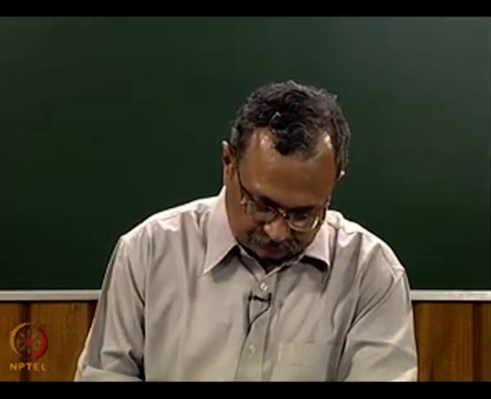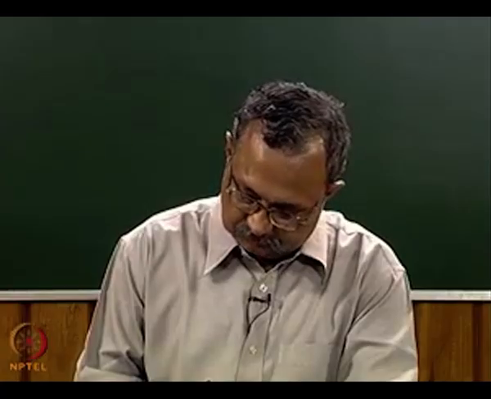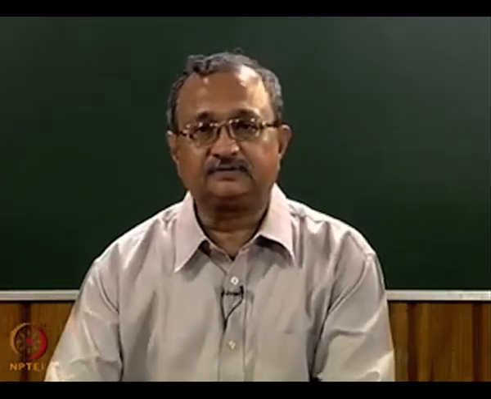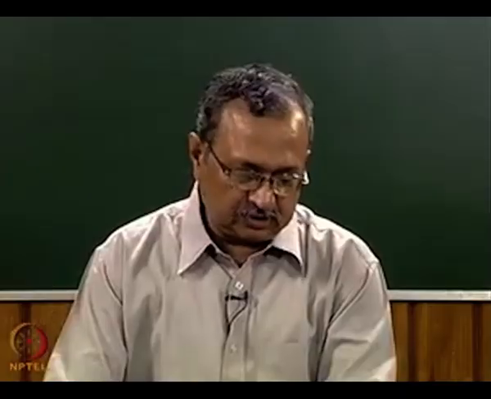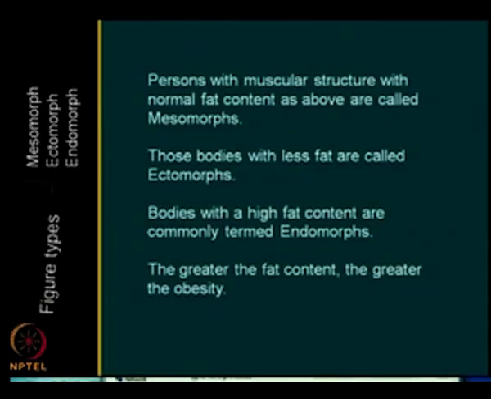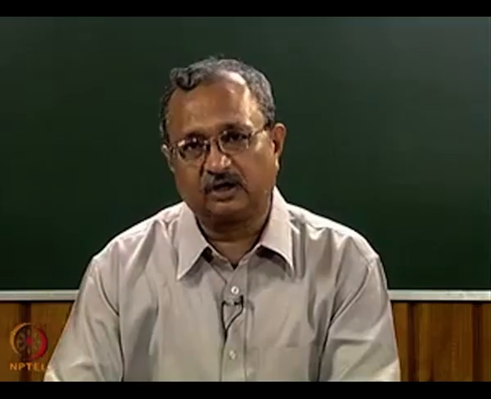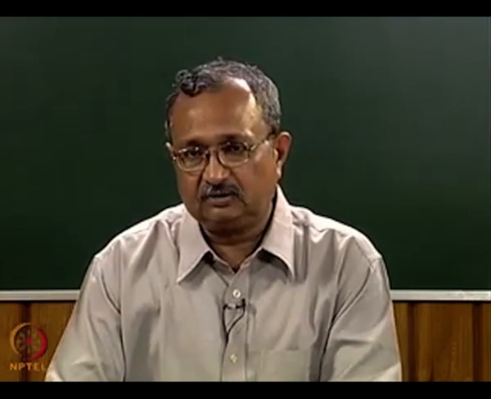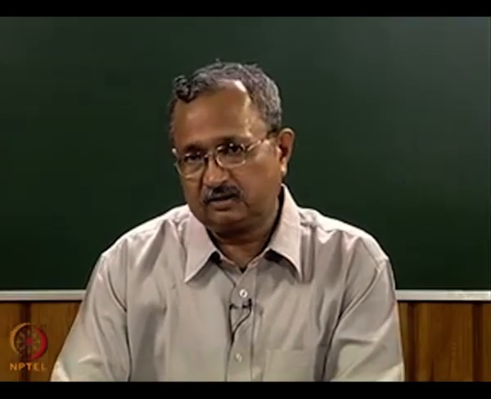Now, figure types. There are a total of 3 figure types: mesomorph, ectomorph and endomorph. Ectomorph is the lean and thin body type, so fat content will be relatively less in comparison to bone and muscles.